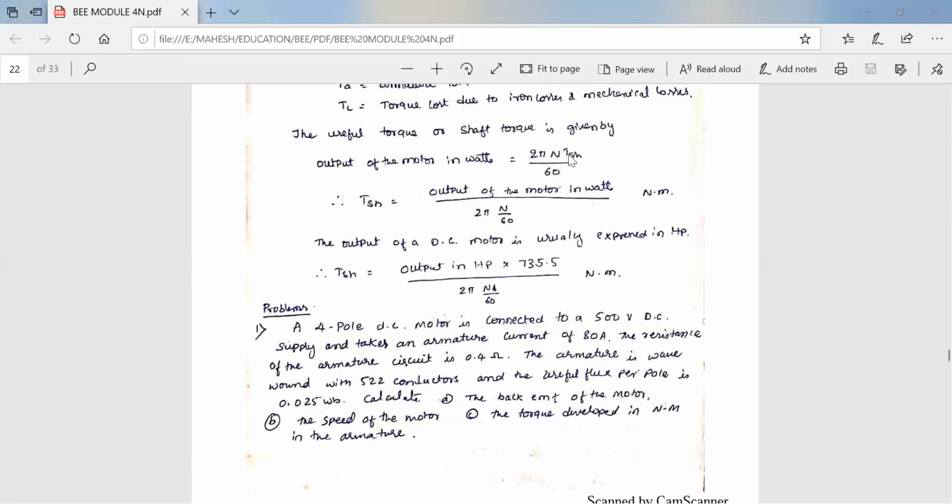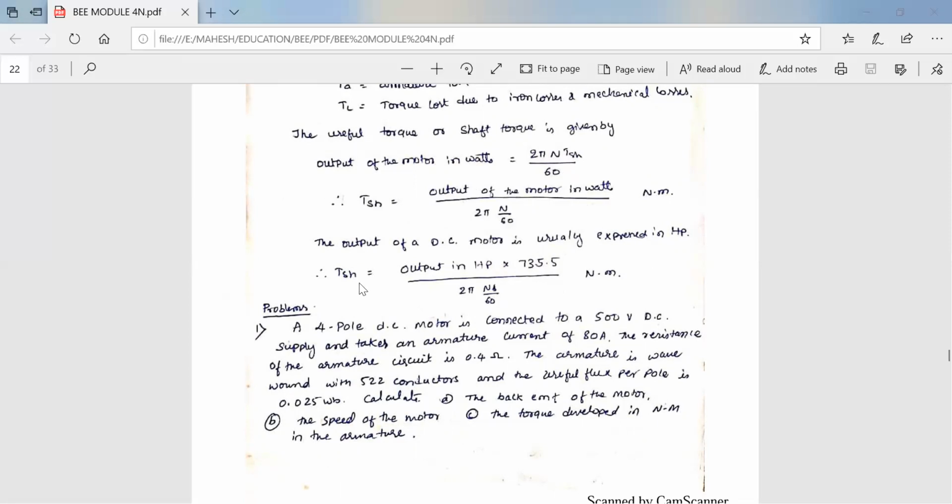So if I want to calculate TSH, therefore TSH equals output of the motor in watts divided by 2 pi n divided by 60. Usually the output of the motor is given in HP, and 1 HP is always equal to 735.5 watts.